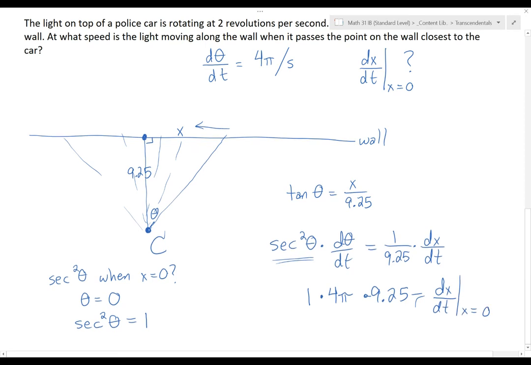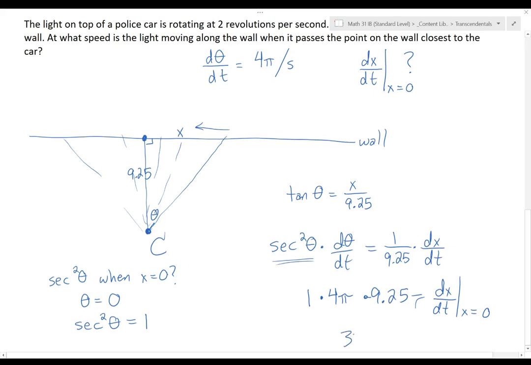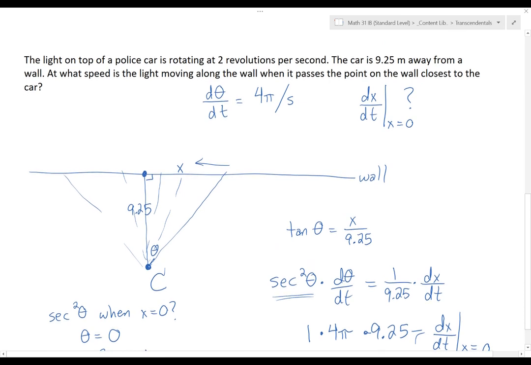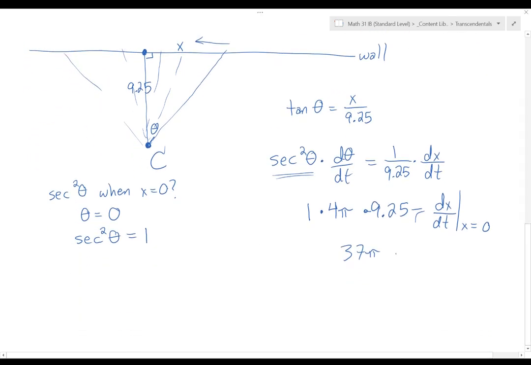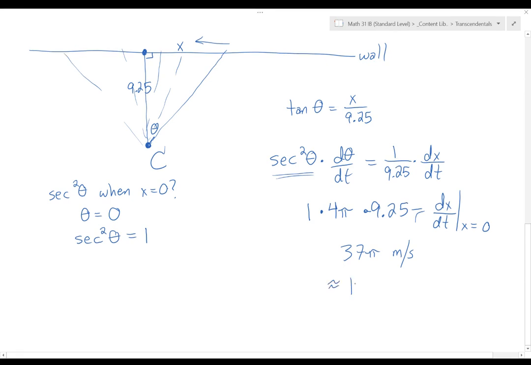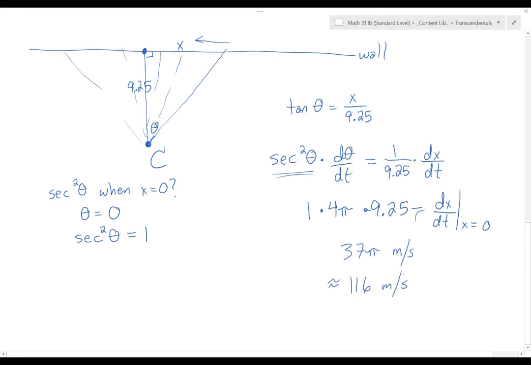So if I just multiply all these things together, if you want to express it as an exact value, you can call it 37 pi. And this is going to be meters per second because that distance is being measured in meters, or approximately 116 meters per second. And that would be the answer to this question.